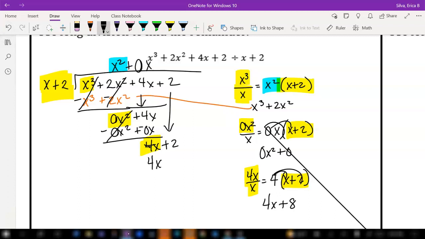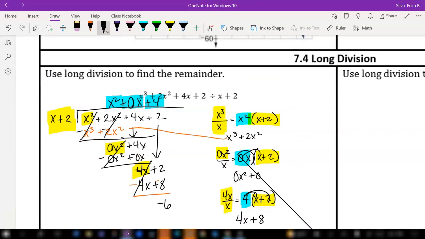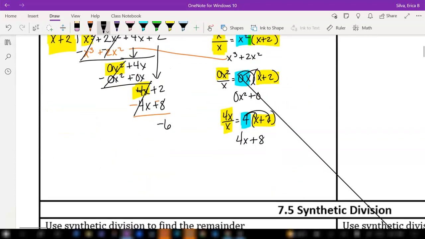So 4x plus 8. Change the sign. Canceling, we get negative 6. Notice how the question is just asking us to find the remainder. So our remainder would be negative 6.